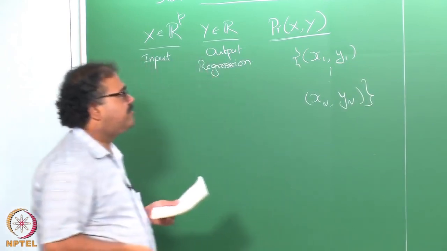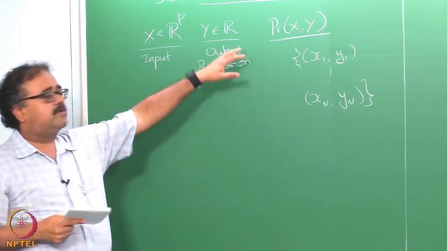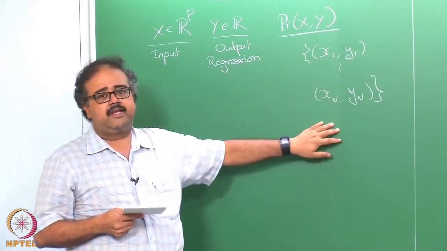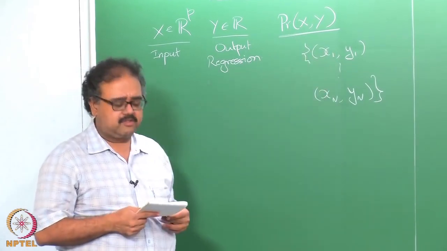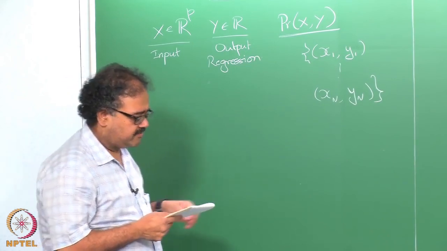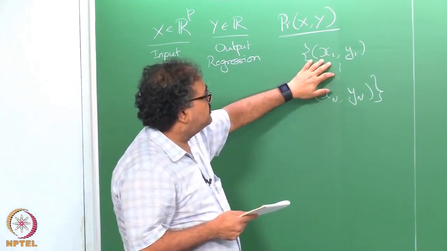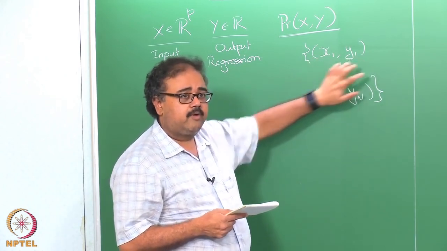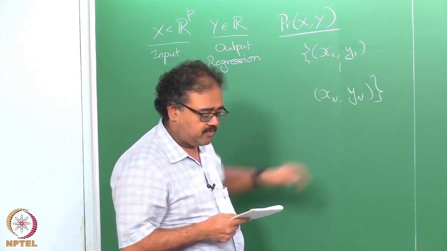You are going to be given a set of samples drawn from this probability distribution over x, y. This will be your training data, which you will use for both training and possibly for validation if required. So you are going to get an x1 with a corresponding y1, x2 with a corresponding y2, and so on.